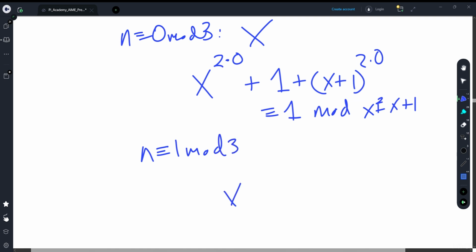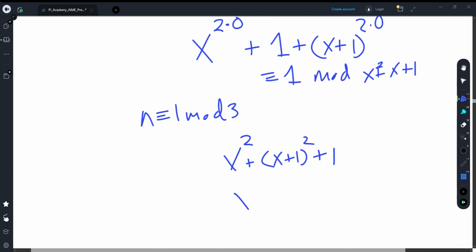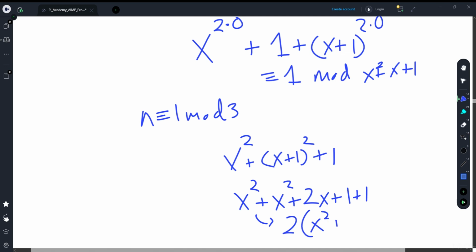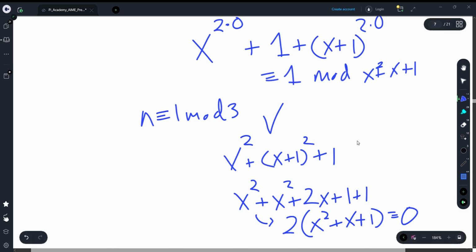Doing this, we get x squared plus x plus 1 squared plus 1. Evaluating this, we get x squared plus 2x plus 1 plus 1, or 2 times x squared plus x plus 1. So this is 0 mod x squared plus x plus 1.